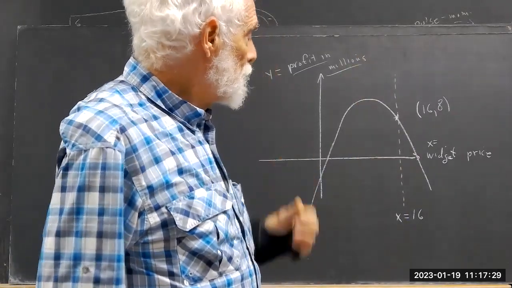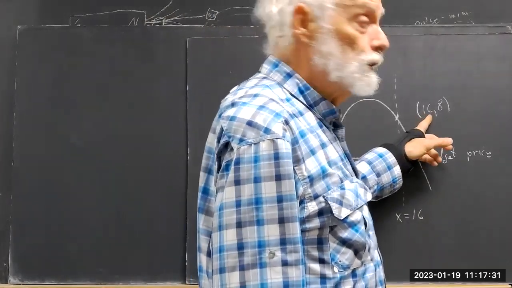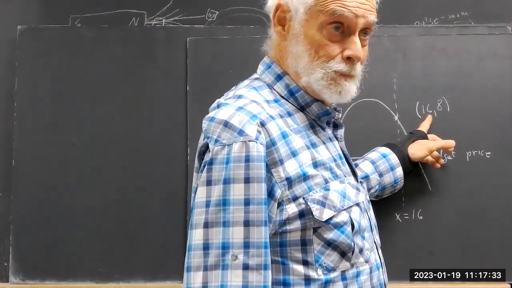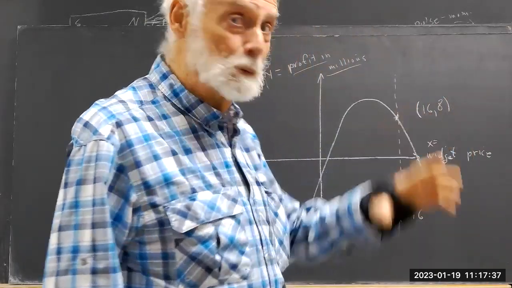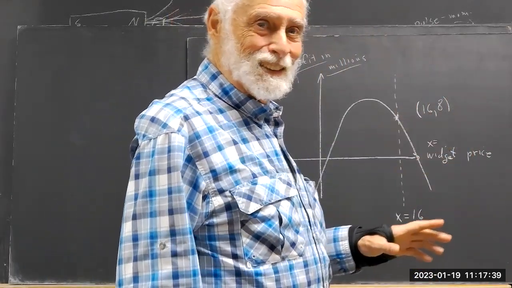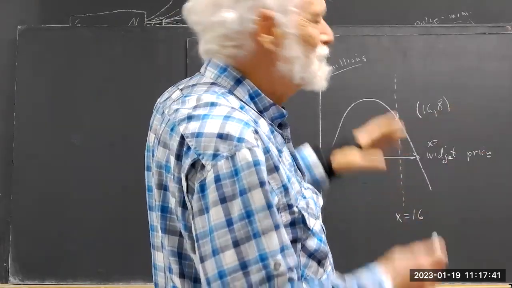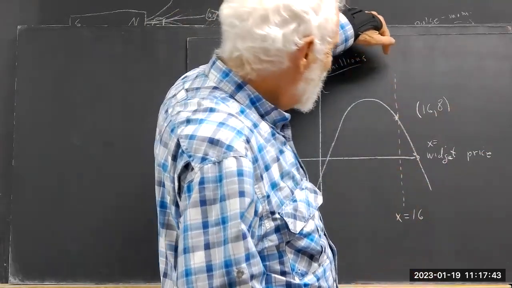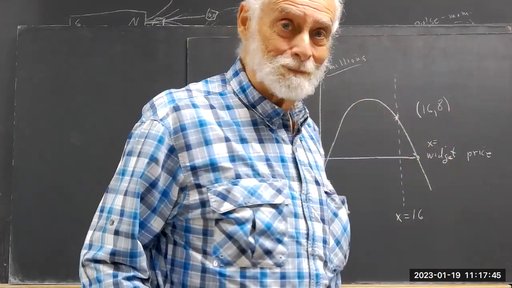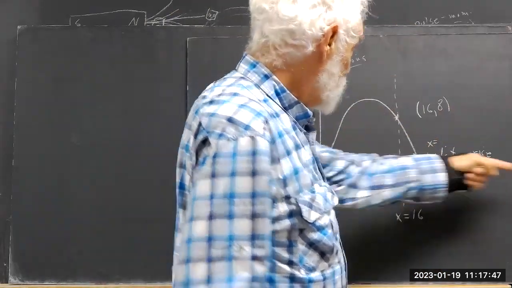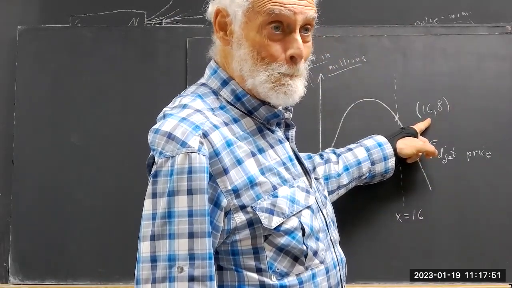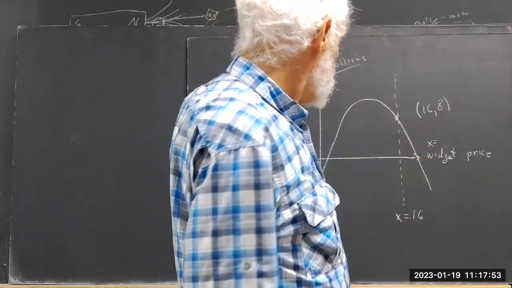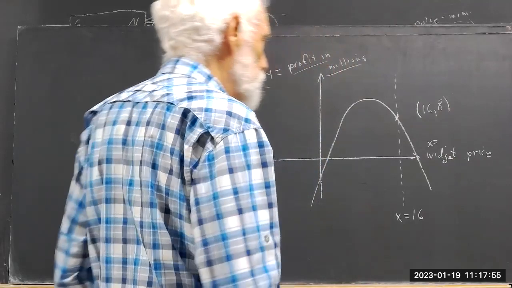Okay, so the question I ask, what's the 16 mean? Okay, well, got an answer. Kind of tentative, but it was right. Should have said it more forcefully. That's a widget price, because X measures the widget price and 16 is the X coordinate. So X equals 16.